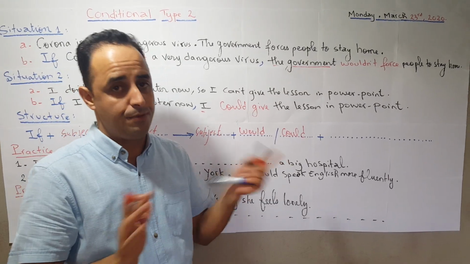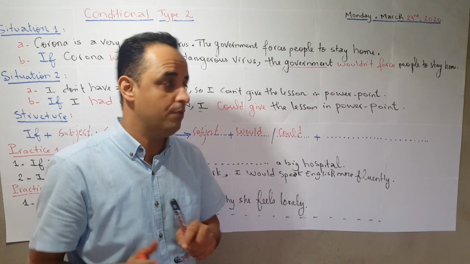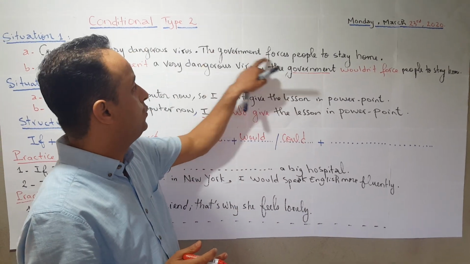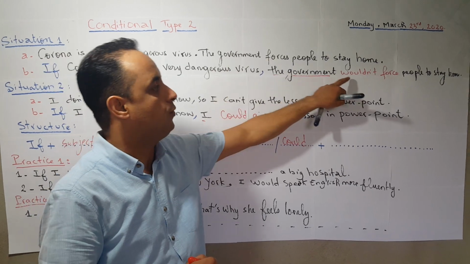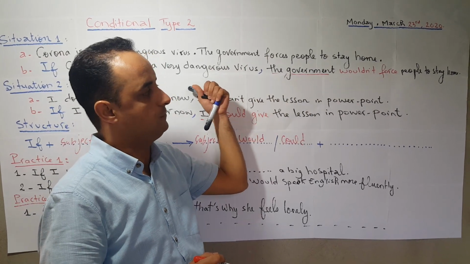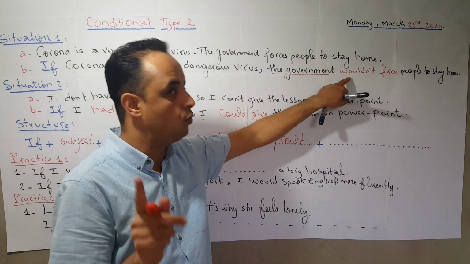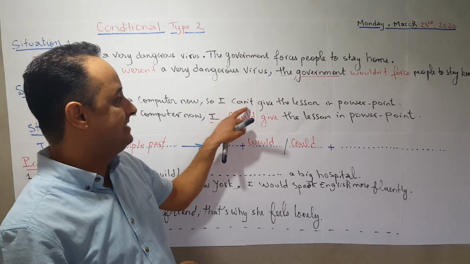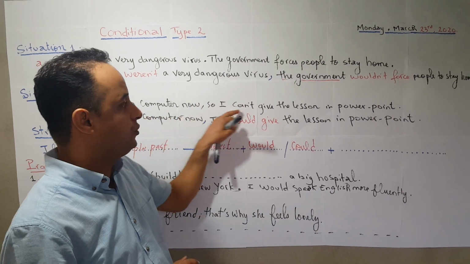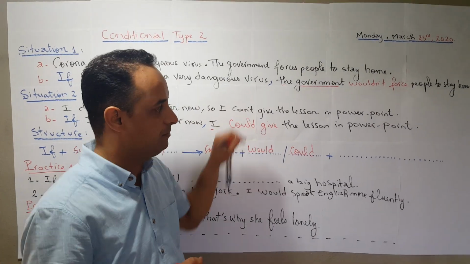Again, affirmative should be negative and negative should be affirmative. In the first situation, the government forces people. We imagine, we suppose the virus weren't dangerous, the government would not force people. Here, it's, I don't have a computer, so I can't give the lesson in PowerPoint.